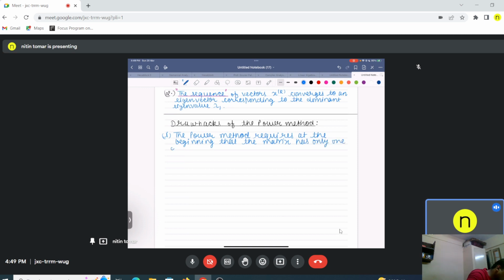But see, this is the aim of the power method, right? To give us the dominant eigenvalue. So how can we say it has only one dominant eigenvalue and at the same time we want to compute it? If you want to compute, this means you do not know about the dominant eigenvalue. But the power method requires this information to be available. So this information is generally unavailable.